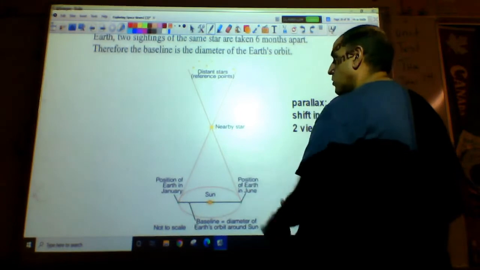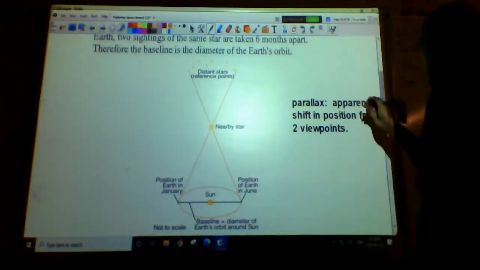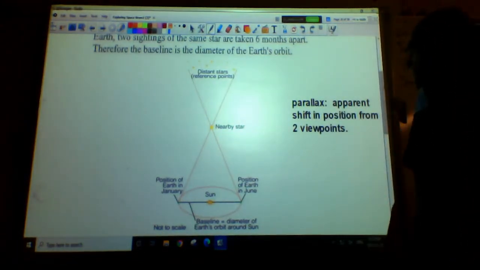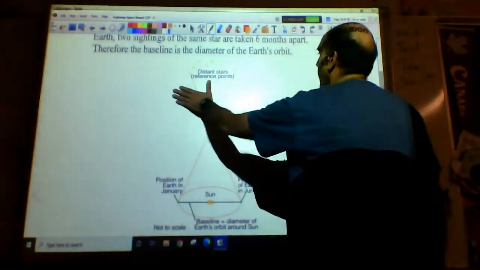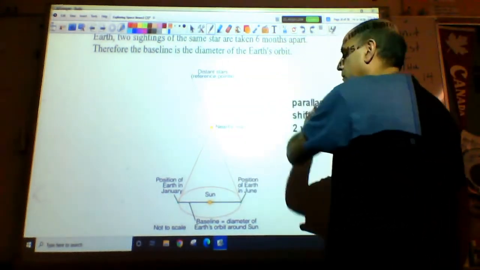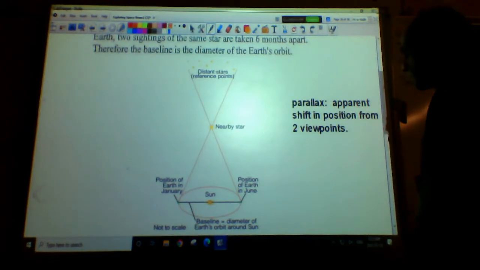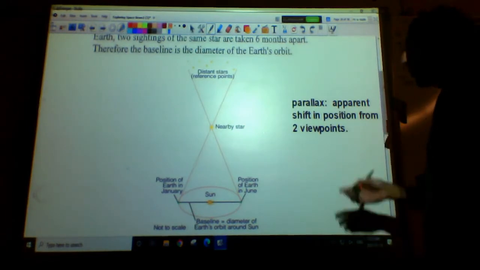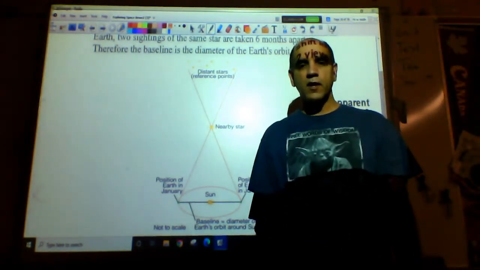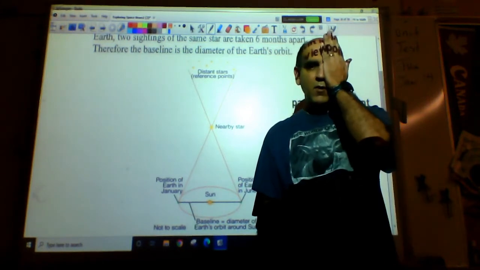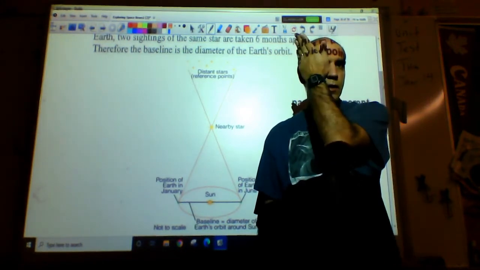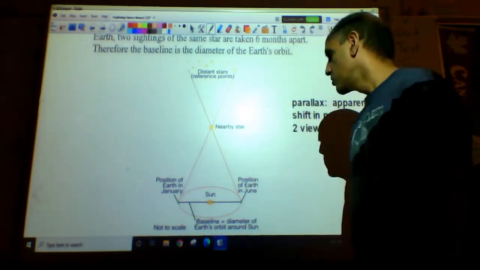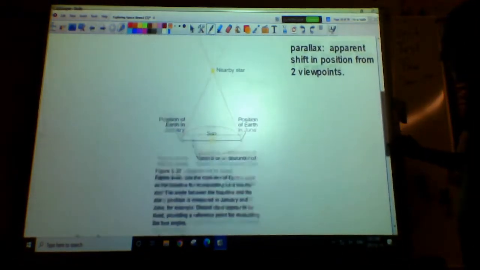Parallax is the apparent shift in position from two viewpoints. You have your background of stars, your frame of reference, so that you would know that you're looking at the right thing. And you can see parallax, by the way, if you look at something, cover up one eye, and then look at the same object with the other eye, and you'll see the apparent shift in position.